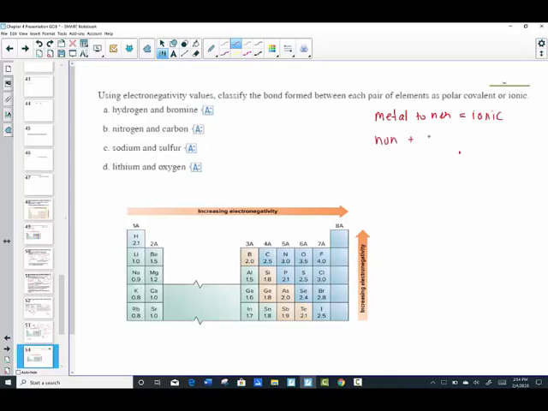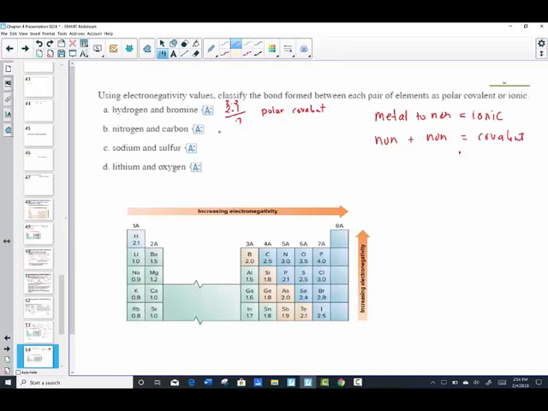Nonmetal to nonmetal, covalent. Let's see if that holds true. So hydrogen, 2.1. Bromine, 2.8. That's an electronegativity difference of 0.7. That's polar covalent. We knew that. Nonmetal to nonmetal.